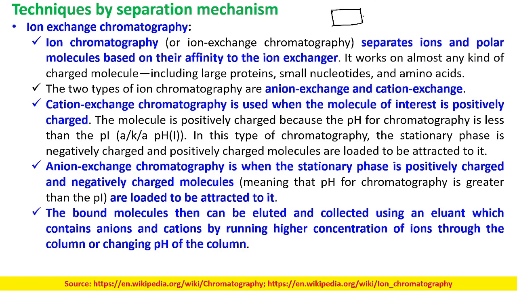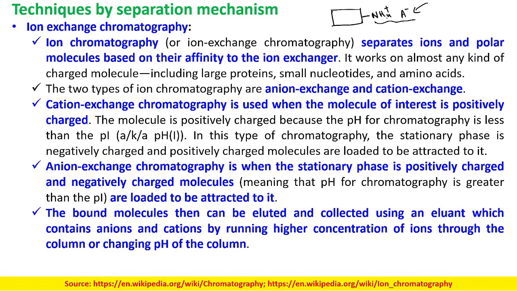Say for example, it is having a functional group of NH4 plus, ammonium ions, right? Now it is positively charged. Now if you add, say, some analyte A negative, this analyte will go and bind over here. This anion will bind over here.